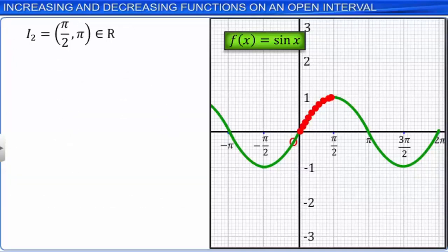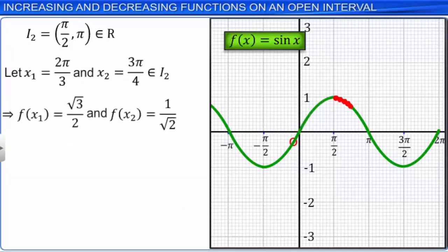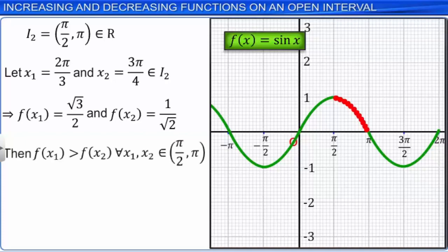However, if we consider any two points, x1 and x2, between pi by 2 and pi, such that x1 is less than x2, then f of x1 is greater than f of x2. This shows that sin x is strictly decreasing on interval I2.